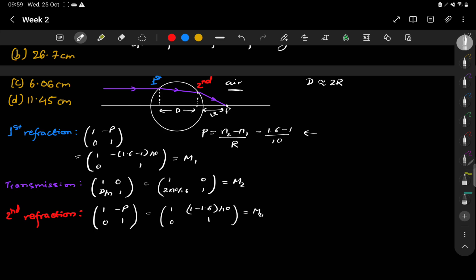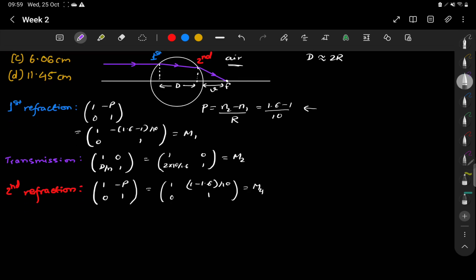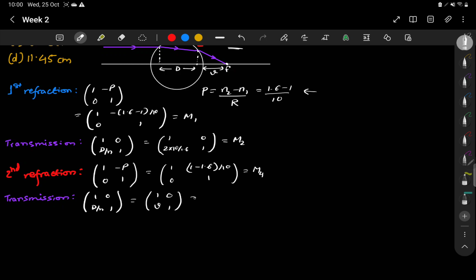This is the third matrix, and then we have another transmission to the focus. And since it is in air, the refractive index is 1 and the distance is V. Sorry, this is M3 third and this one is M4.